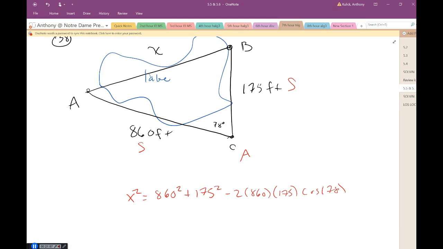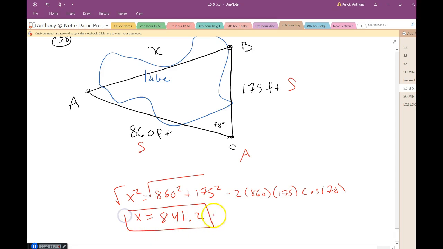And that gives me a big old whopping number. I'm not even going to write it down. I'm just going to go straight to square rooting. And that gives me 841.2 feet. Okay with that, you guys?